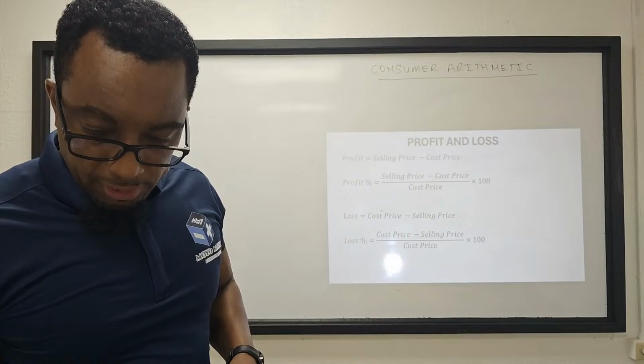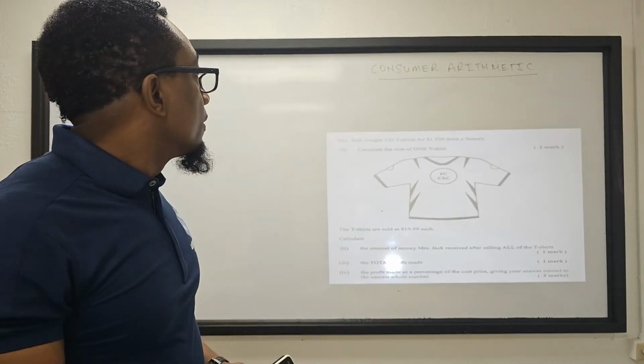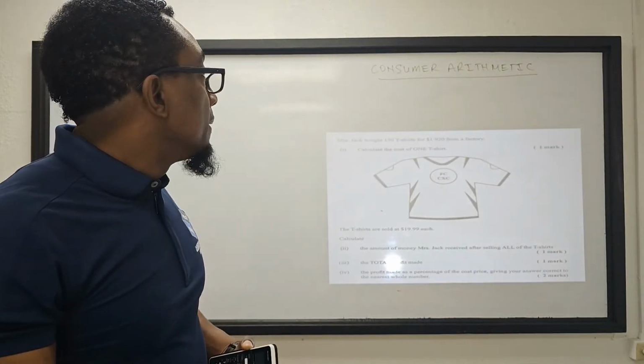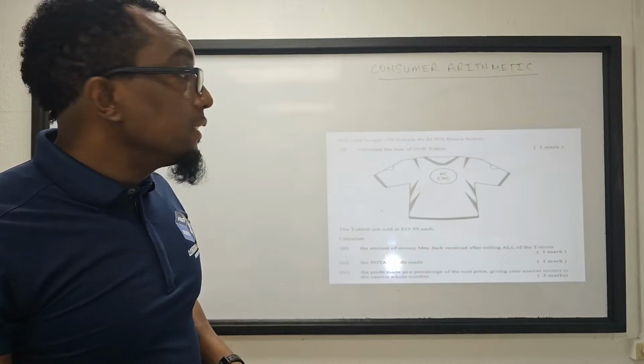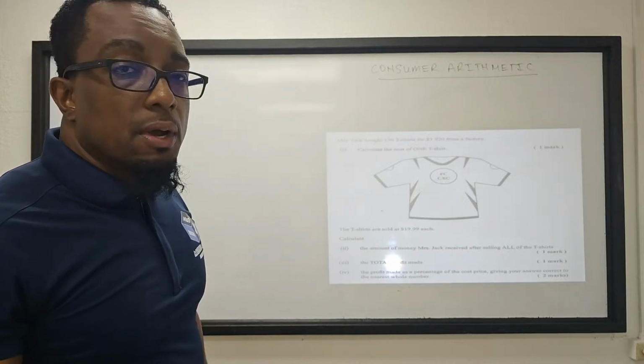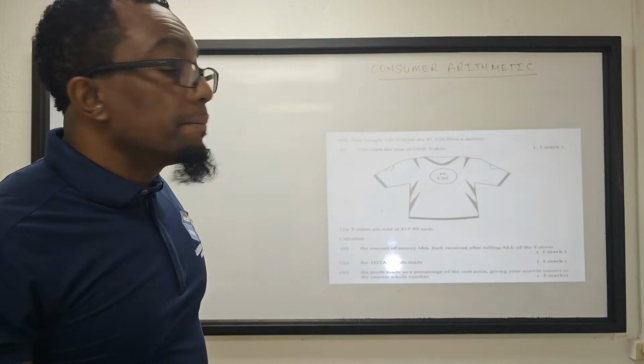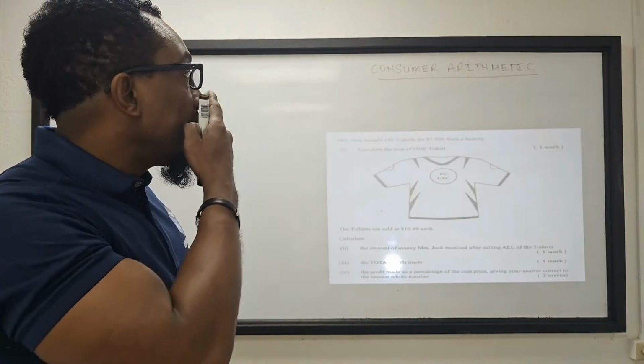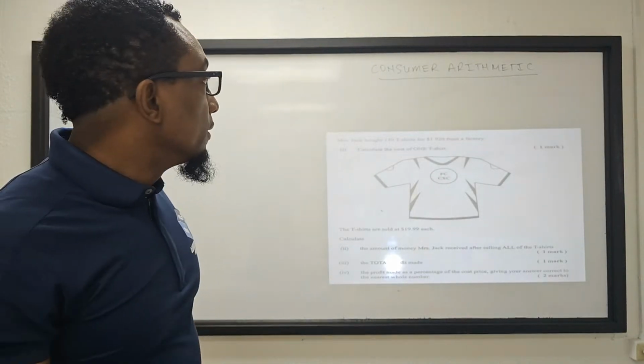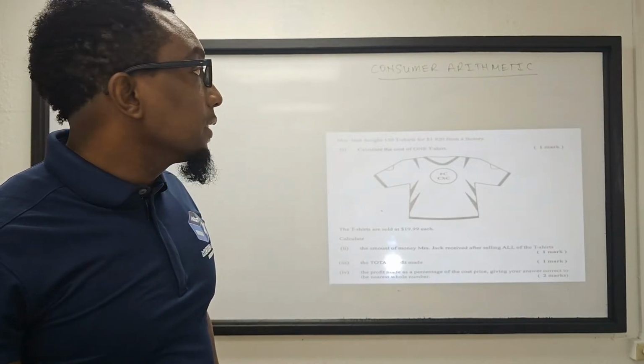So let's get some questions. Mrs. Jack bought 150 t-shirts for $1,920 from a factory. Calculate the cost of one t-shirt. So 150 t-shirts will be 1,920.